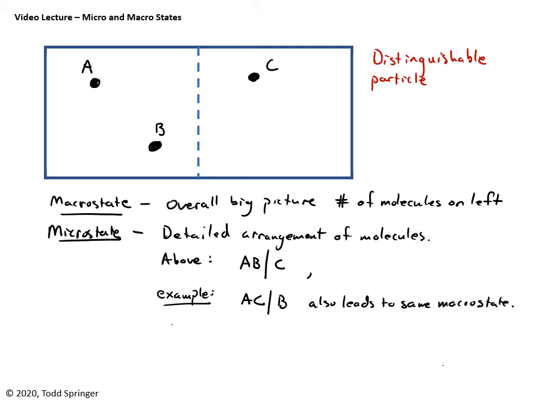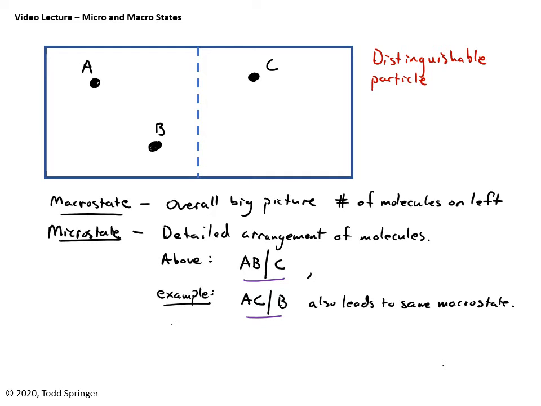So those are 2 different microstates, AB on the left or AC on the left, but they both lead to the same macrostate, which is I have 2 molecules on the left. Okay. So now the question is, what's the probability that I end up with all 3 on the left?